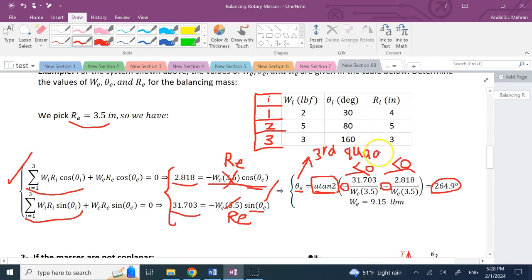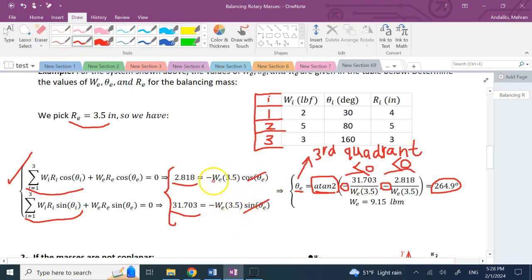I got the angle. Now let's go back and see how we can solve for WE and RE. So if I plug these numbers back, I get one number for cosine, I get one number for sine, and then I get some number here, and I get some number here.